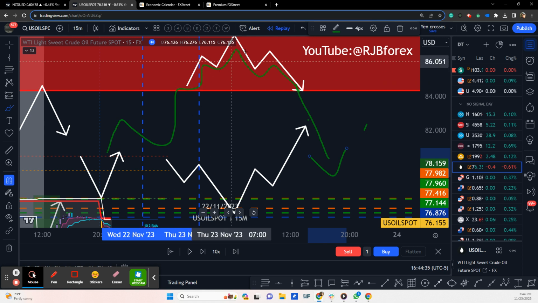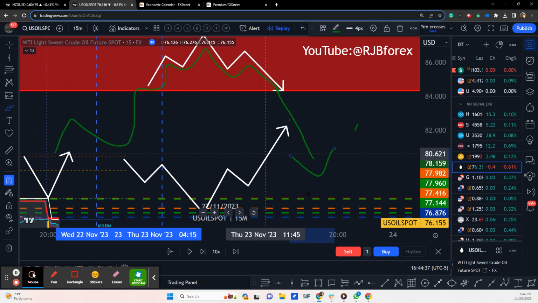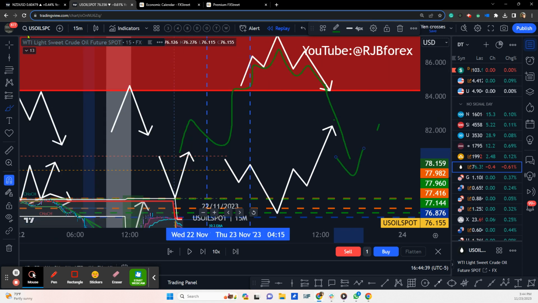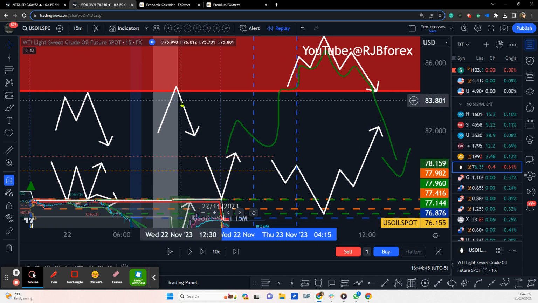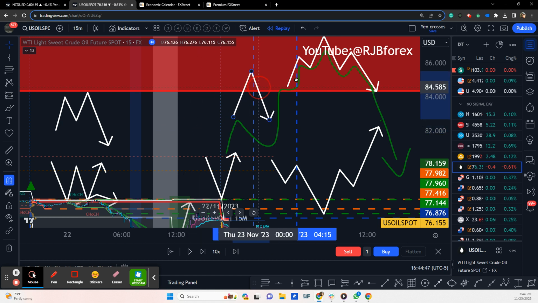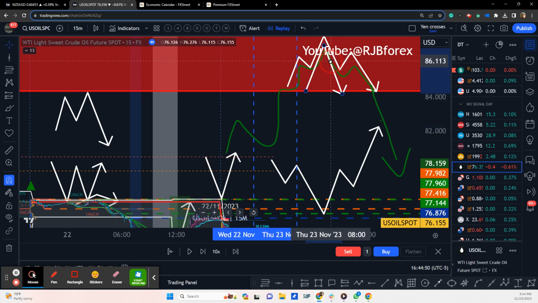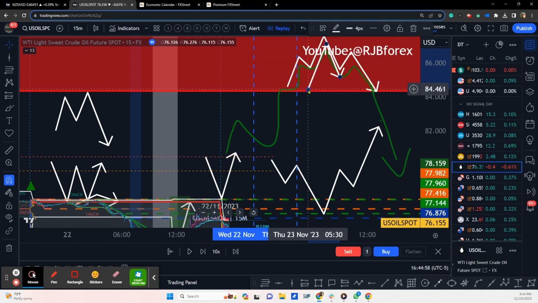Within that 15-minute chart, what we could have on a lower time frame is, say, a peak formation high there, say in London, within that head and shoulders.